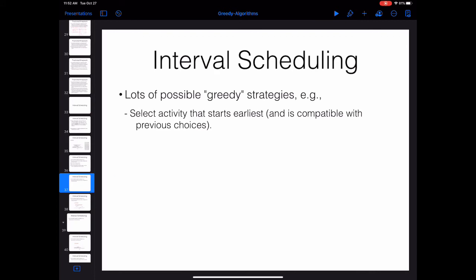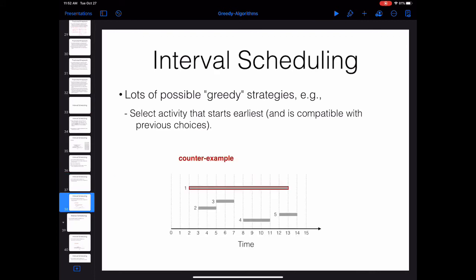One counterexample is this: in this case, job 1 started earliest among all of them, right? But if you take this one, you cannot take any other job, and it will be just one job, although you could take all other 4 jobs and there was no conflict between them. So of course this is not going to give me the optimal answer.